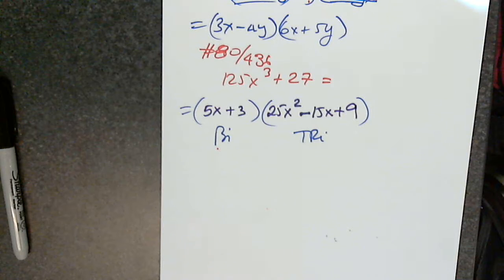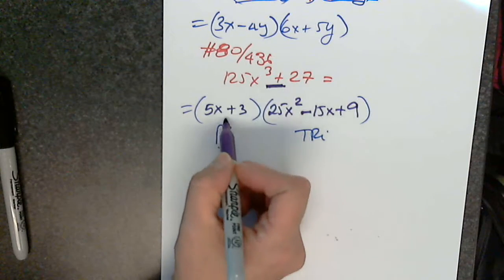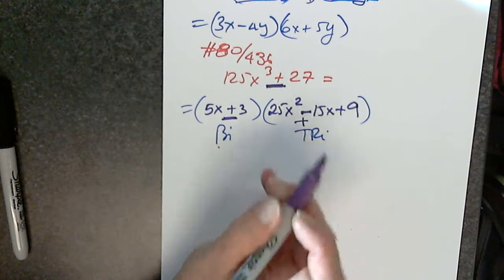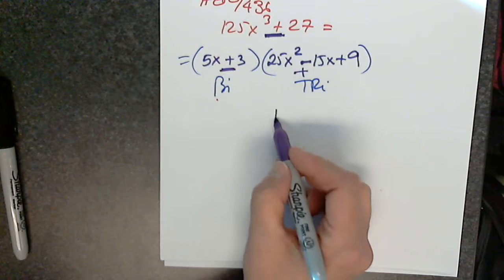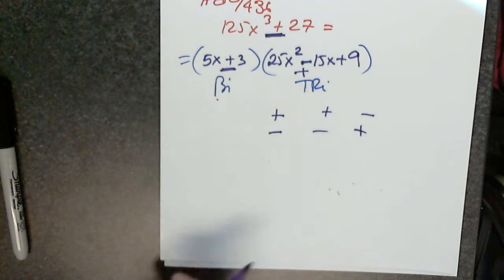Perfect. If the binomial has a negative, then it would be a positive sign. So if I have minus, then it's minus and plus. So the sequence of signs is plus, and then I have plus and minus. Minus, and then I have minus and plus.